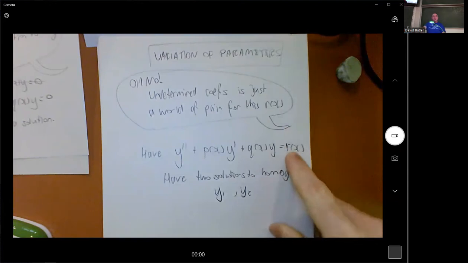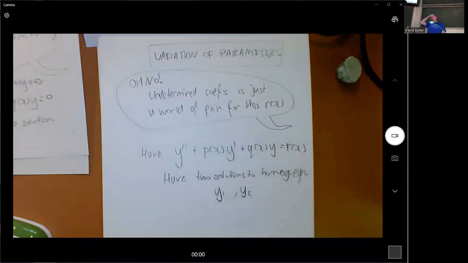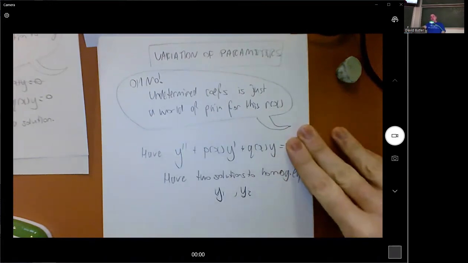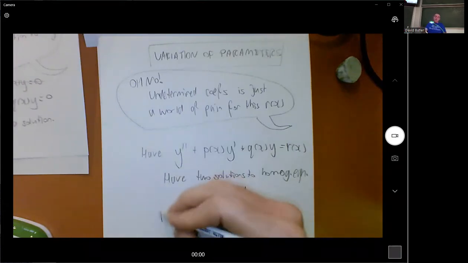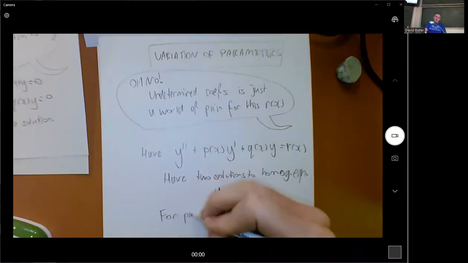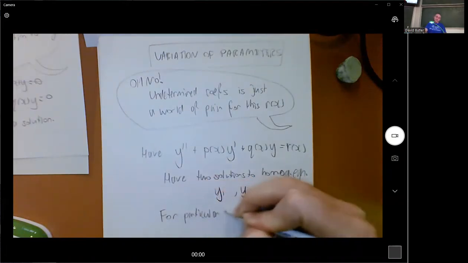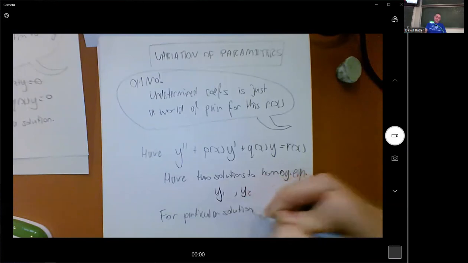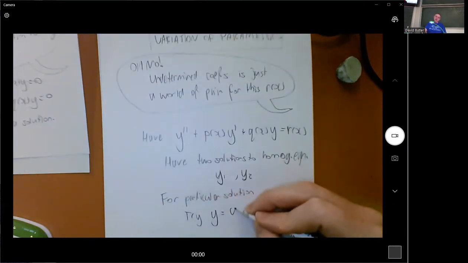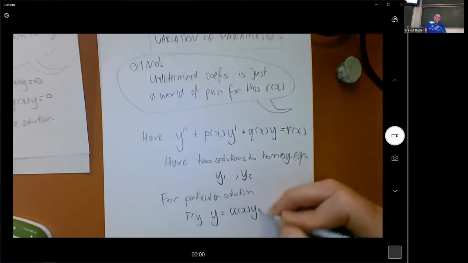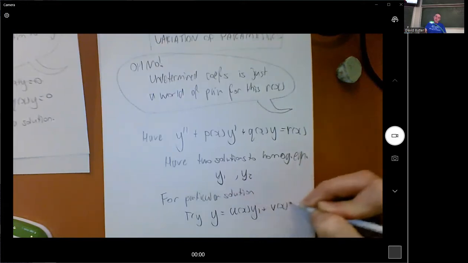We do the homogeneous one, we get these two solutions, and we can make all the other solutions with the A's and the B's, and that's great. But we need a particular solution to finish off our problem, and we don't have one. So for a particular solution, we're going to try y equals u of x times y1 plus v of x times y2.